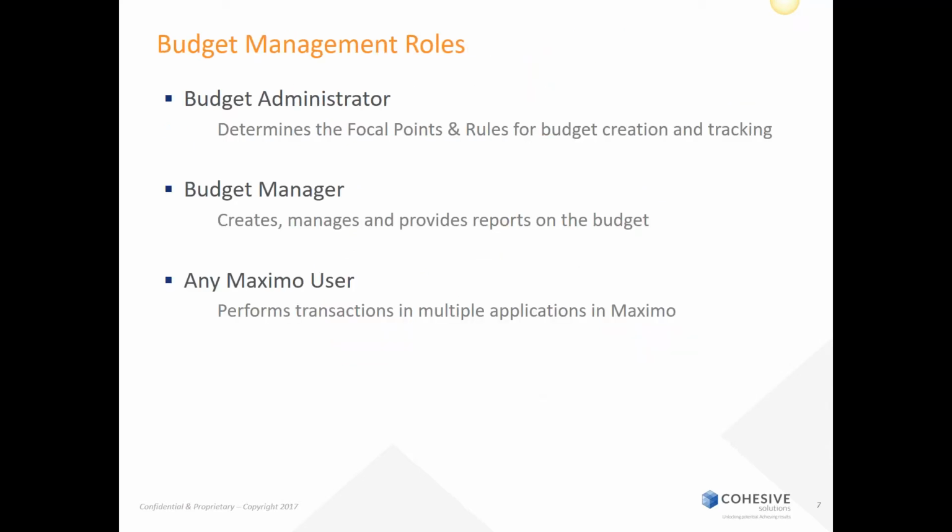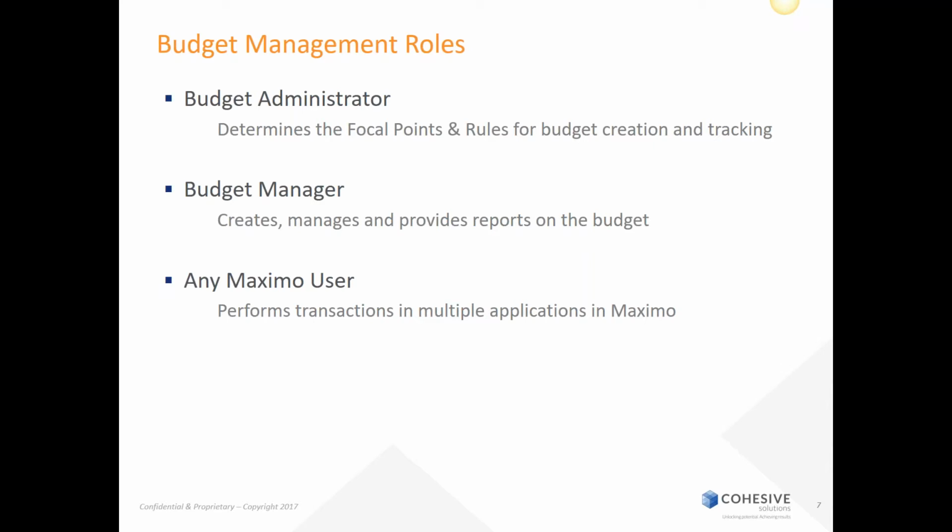The roles, as I see them, go like this. There's a budget administrator, and that person is the one that actually defines the focal points. They also define the rules for what goes in what bucket and at which point they go in what bucket. You have a budget manager. That's the person that actually creates the budget and uses the focal points and the rules that the administrator has set up.